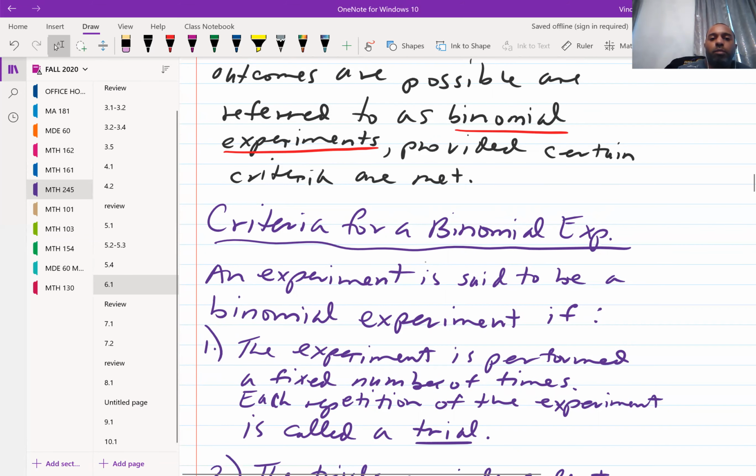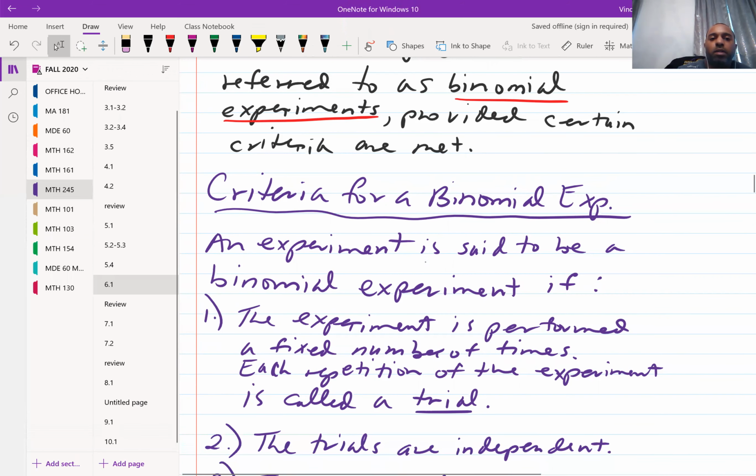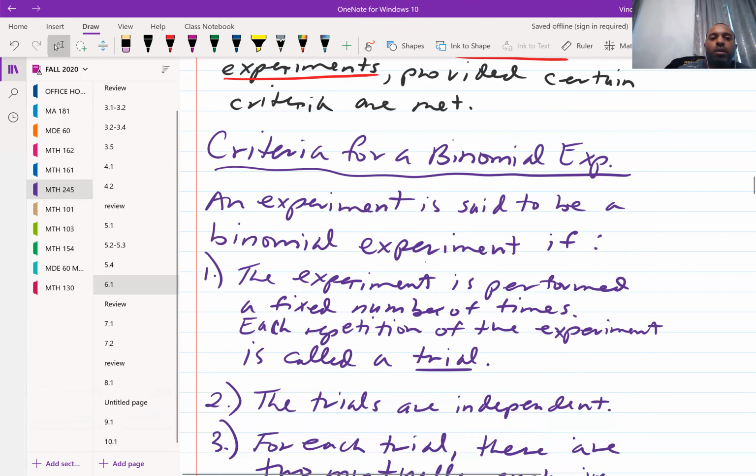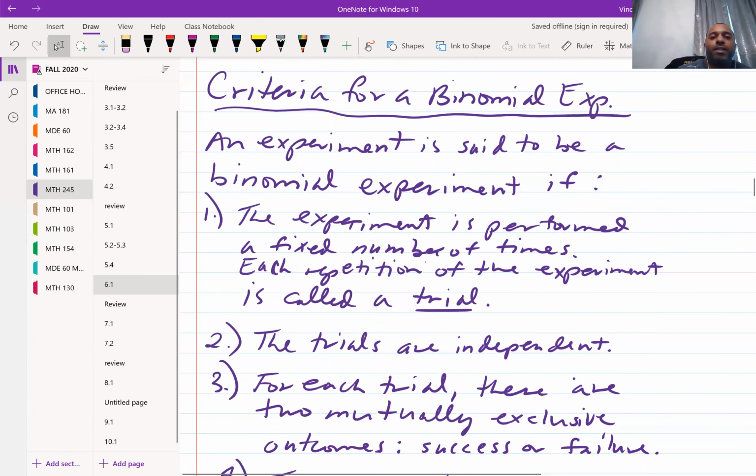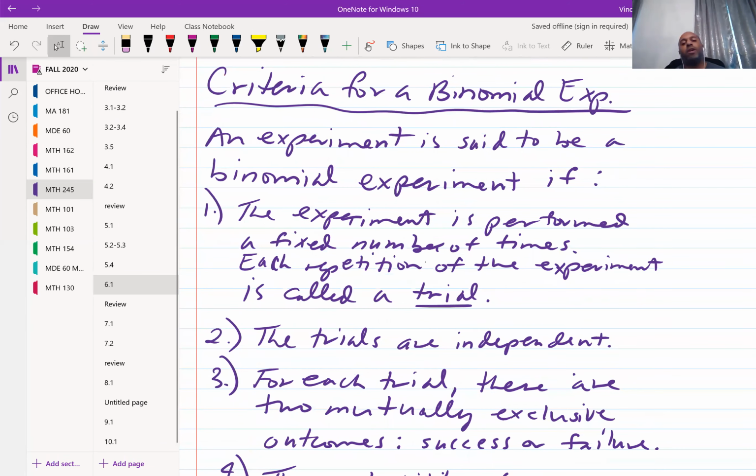All right, we good with that? I see a thumbs up. Appreciate that. Second criteria, the trials are independent. Third, for each trial, there are two mutually exclusive outcomes. Remember, we just mentioned success or failure. And we've got one more.